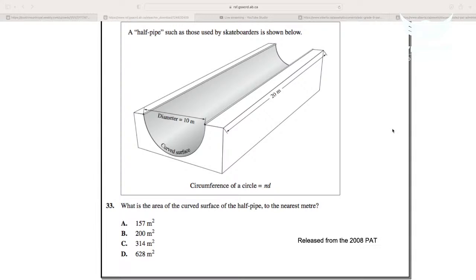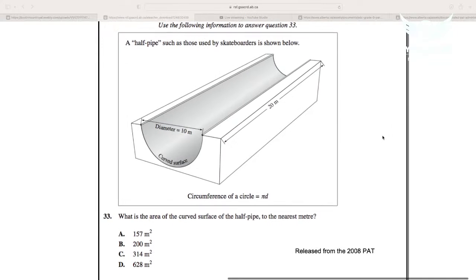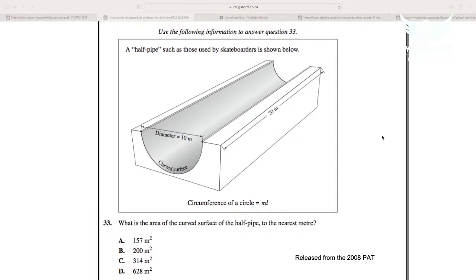Okay, so what is the area of the curved surface of the half pipe to the nearest meter? Okay, so what are we given? We're given height, length, or we can treat it as a height, and diameter, right? So we need to find the surface area of the pipe.